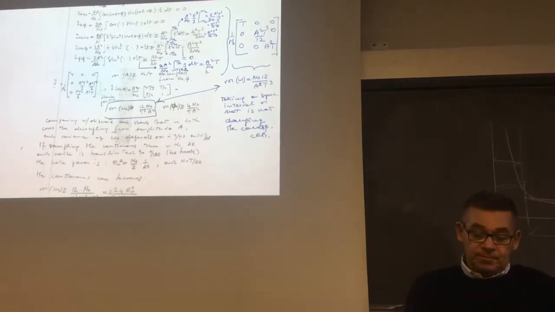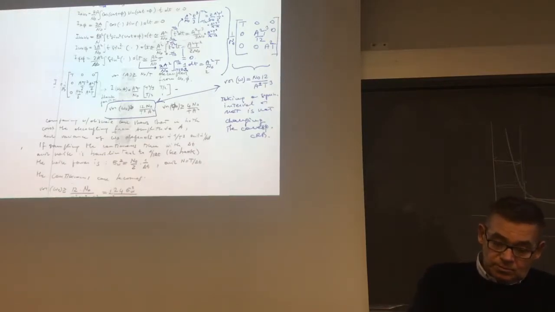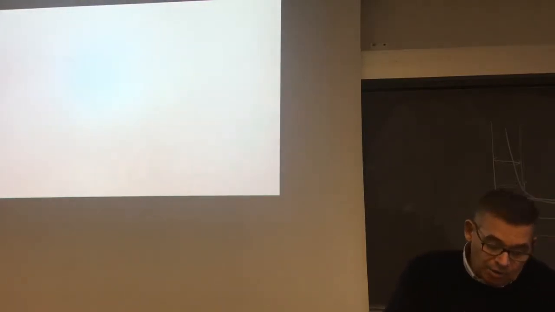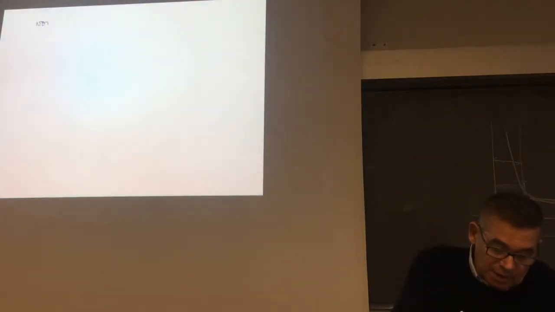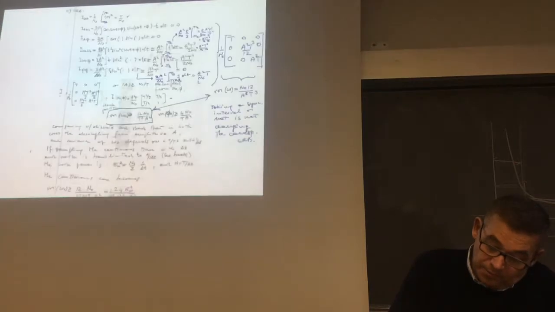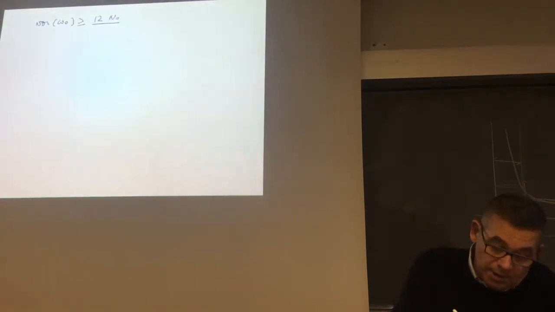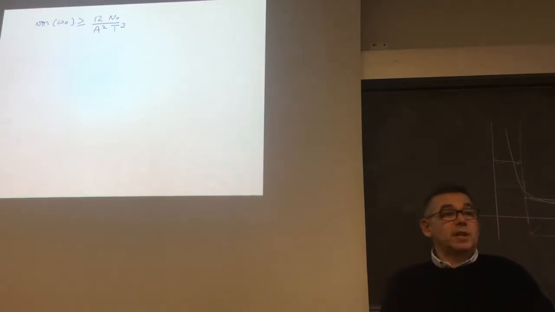How can I do it? So I know that the variance of omega 0 is larger or equal than n0 2L divided by a squared t cubic. Okay, this is what I know.